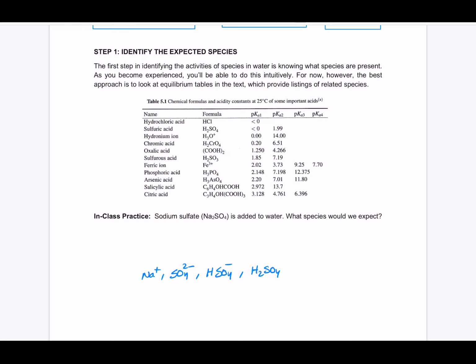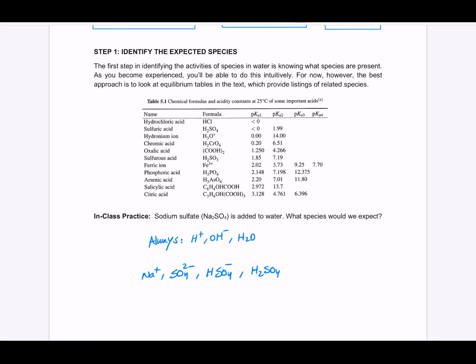What else? So we have only 4 species. Exactly. So that reaction is always there. We always have H plus and OH minus, and also H2O.